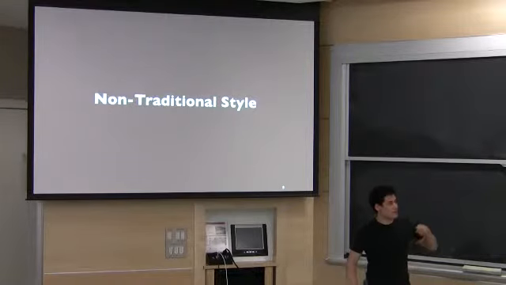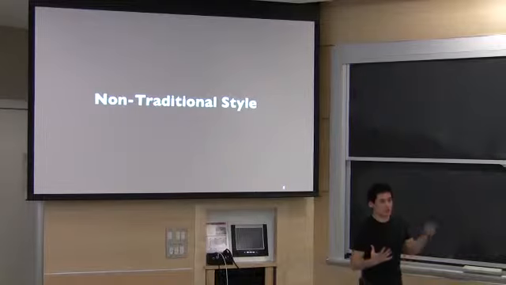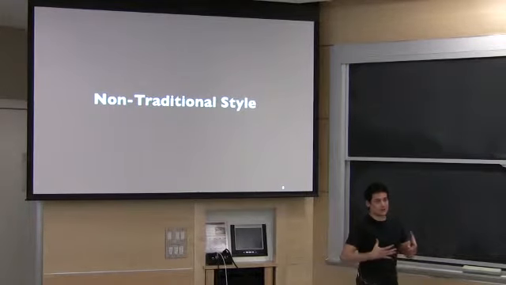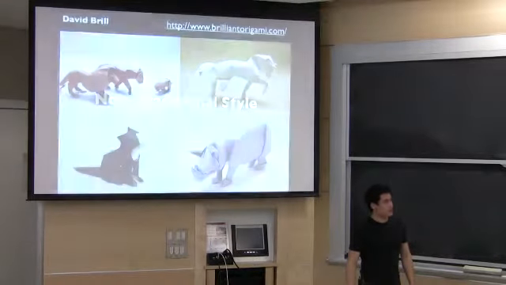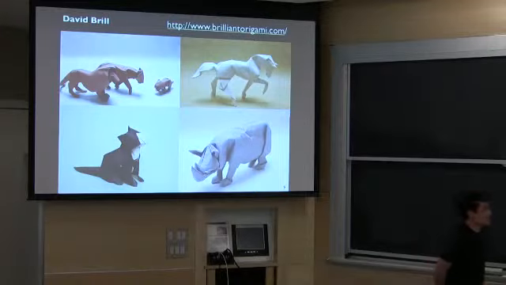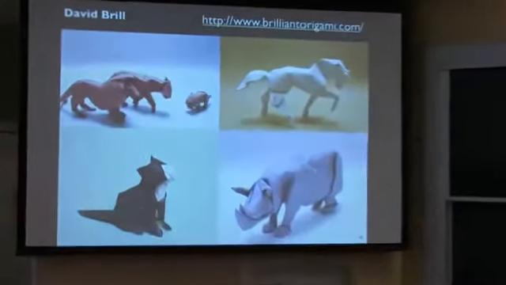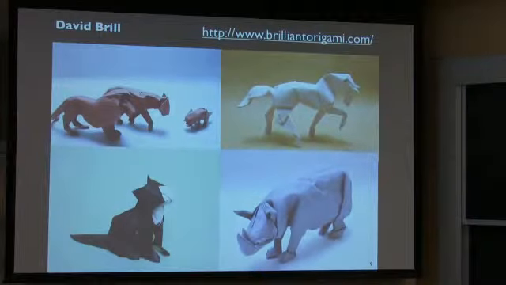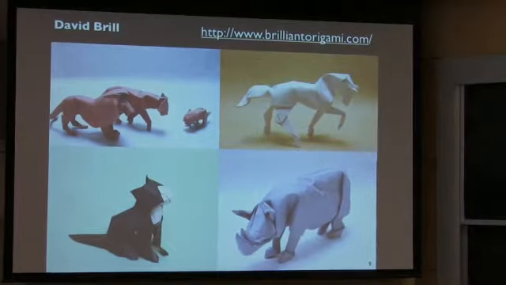The model is encapsulated by not necessarily the structure as much, but by the final shaping, the undefined shaping that you put into the model. Here's an example of an English folder named David Brill, who is an investment banker, if my memory serves me. He now lives on a golf course and, I think he's retired now, but he likes to fold paper.